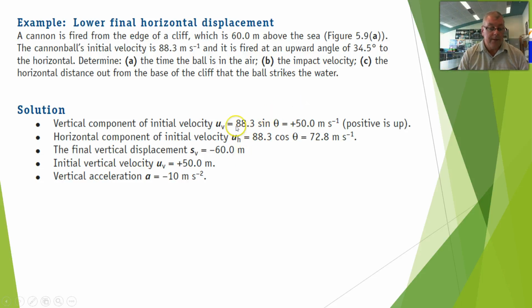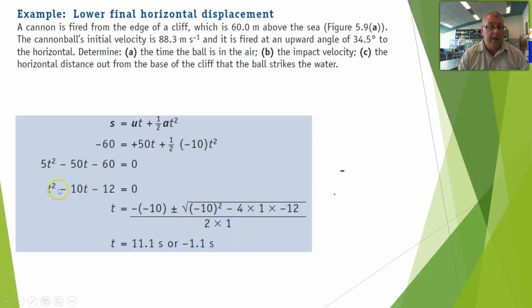So they've got all this sort of stuff, and the first thing is working out the time that the ball is in the air. They put it straight into s equals ut plus half at squared. Now the problem with this is if you get to this stage, you recognize that this is a quadratic equation, and solving a quadratic equation is quite difficult, and most students make mistakes.